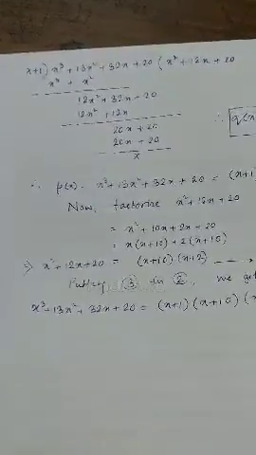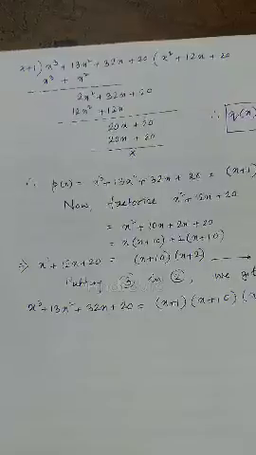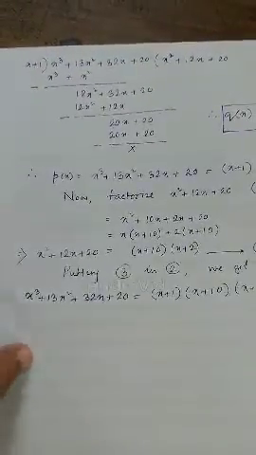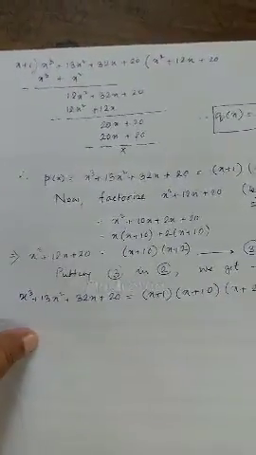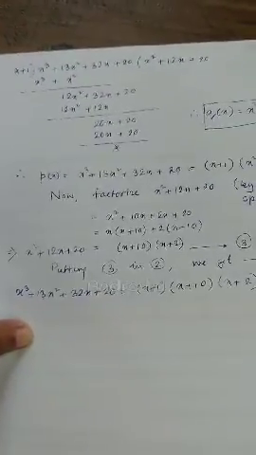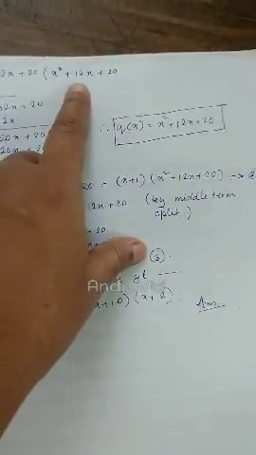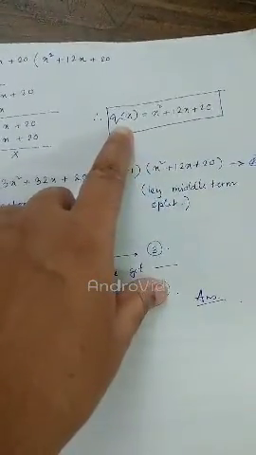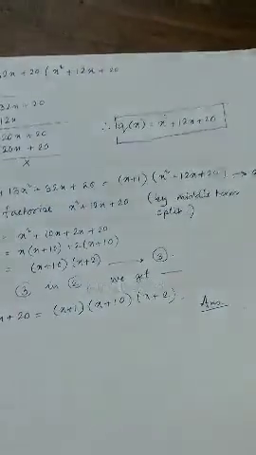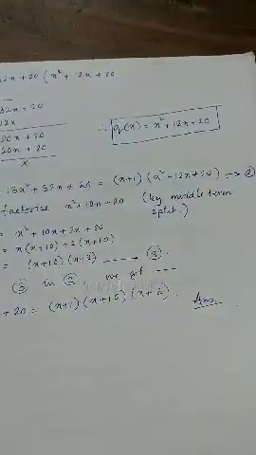So now I have divided and I saw that it is exactly divisible. We already knew that x plus 1 is a factor of p(x), and hence whatever you get on the right hand side, this is the quotient, that is q(x). So q(x) is x square plus 12x plus 20.